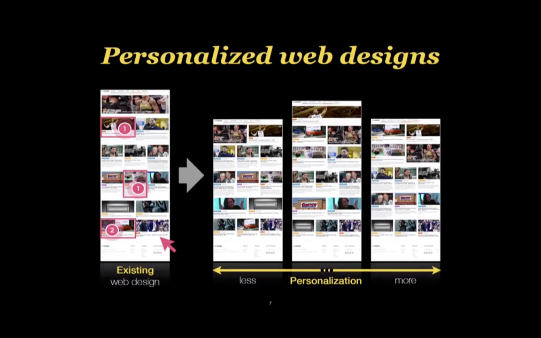On the left-hand side, we see different elements that the user is interested in, marked in red. When we have this information available, we are able to personalize the layout on different levels for that user so that the elements the user is interested in become more prominent and also more accessible. That way, the usability of the layout can be improved.